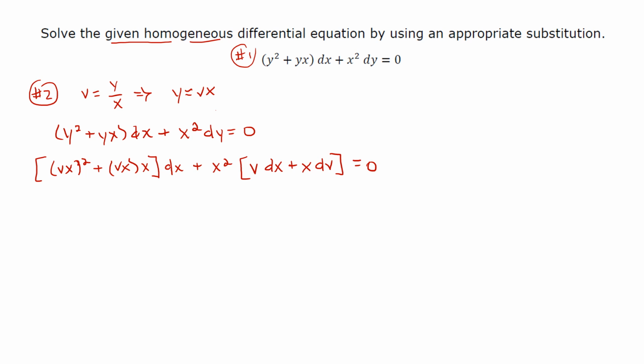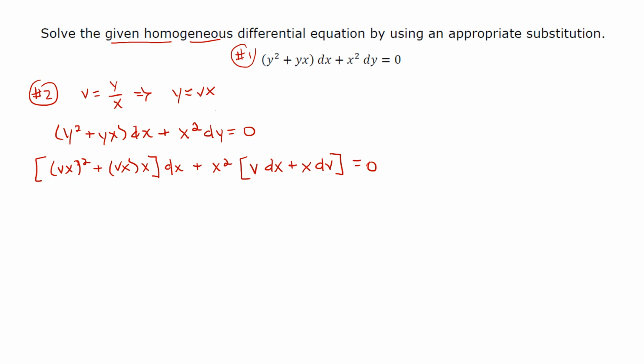And that is the differentiation of y equals vx. If we were to take the derivative with respect to x, we would get v dx plus x dv. All right.